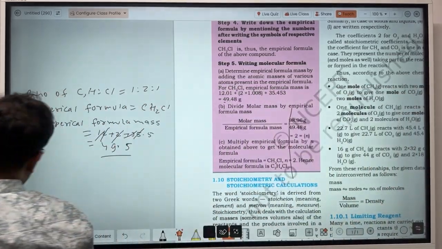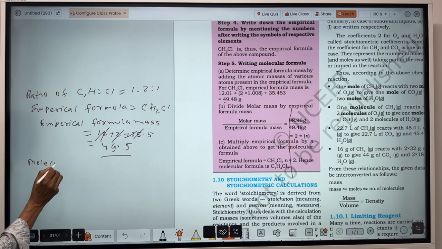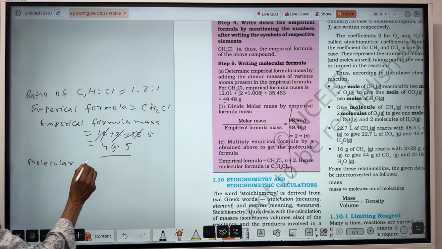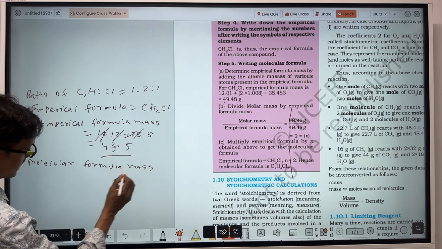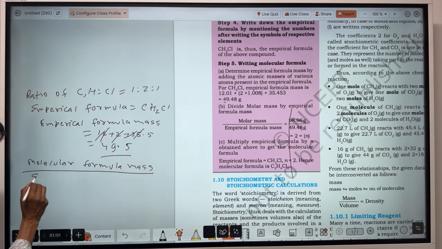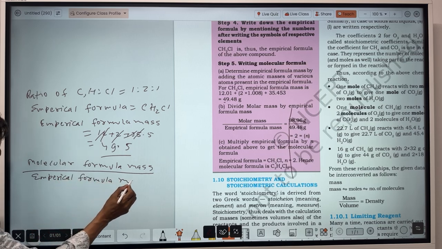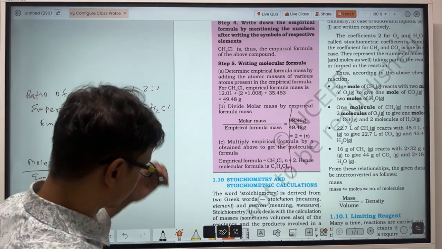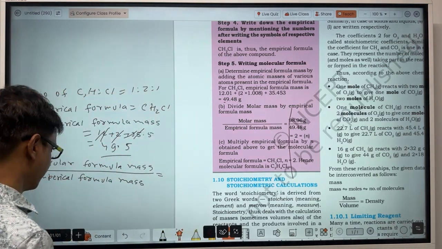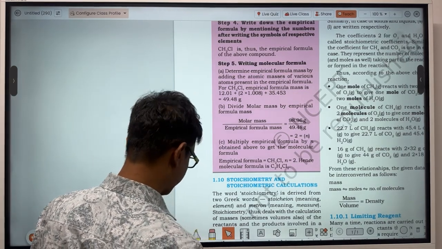So the molecular formula mass, when divided by the empirical formula mass, will equal this. The molecular mass was given, so I will have to proceed. I hope you have written this.